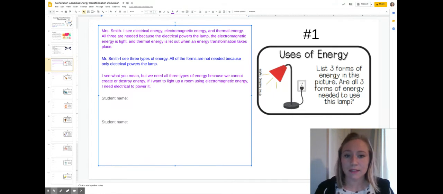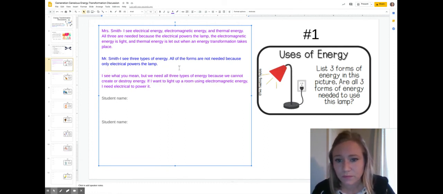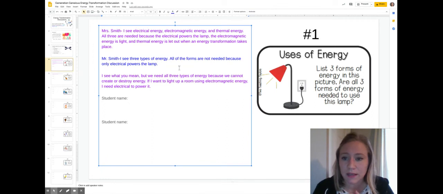But that's just explaining how there's another type of energy that's needed. Now, I do know that thermal energy is also used because some of that energy, when we have a transformation, is wasted as heat. So that's why the lamp gets really hot after a certain amount of time. So I am responding to his statement and just trying to help him understand. So I'm going to leave that down there.